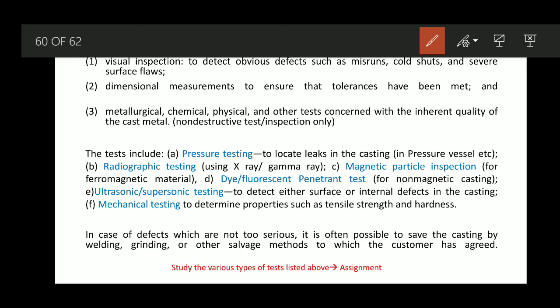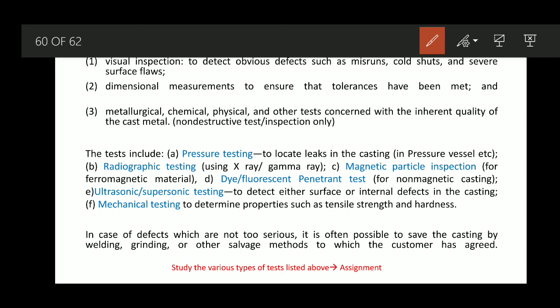In most cases, we may encounter some problems. But if the problem is not that severe, it is often possible to save the casting by doing some welding, some grinding here and there, or other salvage methods, provided the customer has agreed.